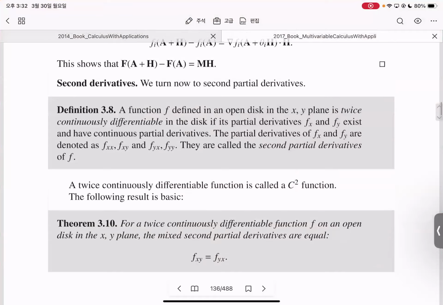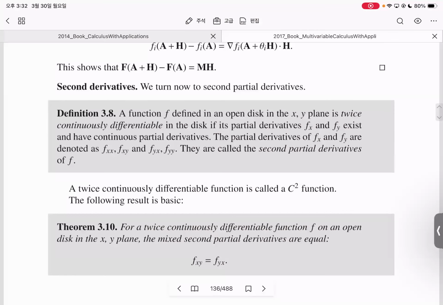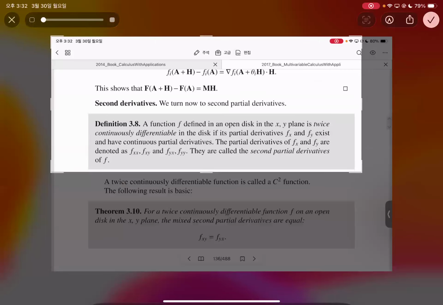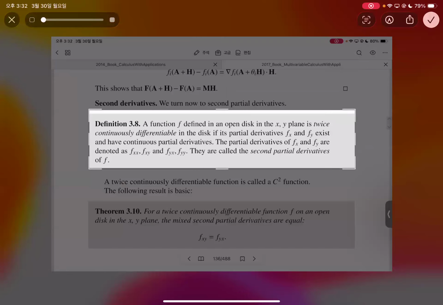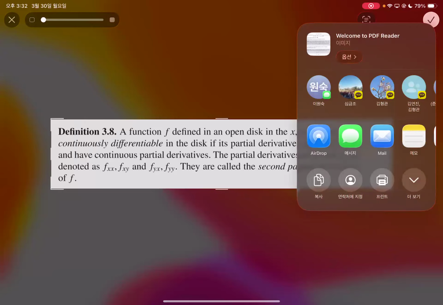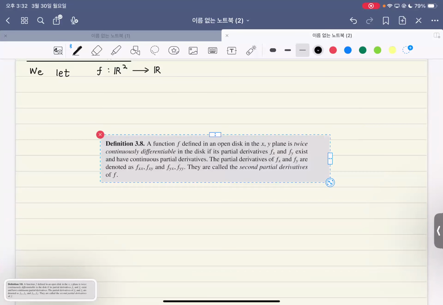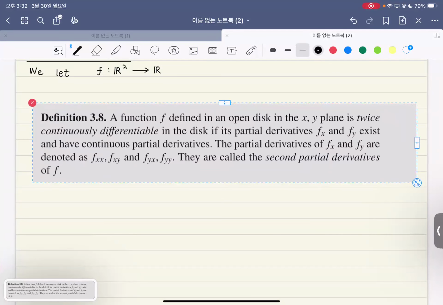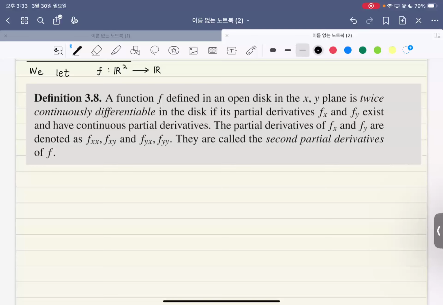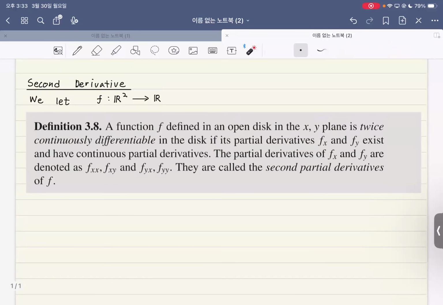Then what is its partial derivative? Okay, so f is a two variable function, defined on the xy plane. And suppose that their partial derivatives, f_x and f_y, exist.